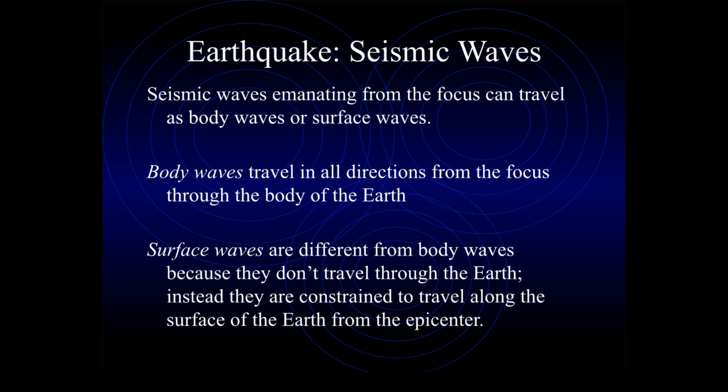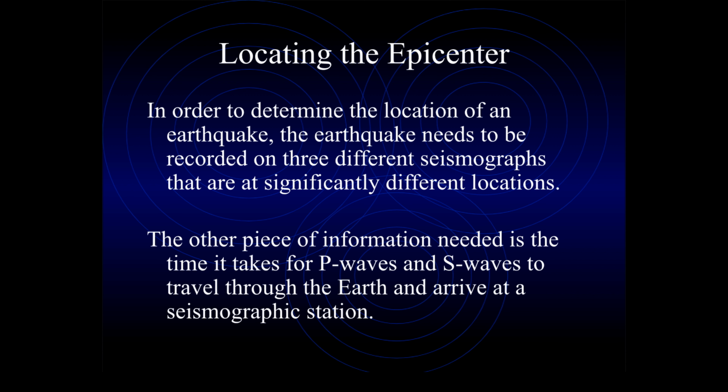Remember, as we're going through these, you can pause the video at any point in time if you need to catch up on a slide before you move on. In order to locate the epicenter of an earthquake, you're going to have to get a little bit of data. We use what's called a seismograph in order to gather the data from all of those seismic waves. So we're measuring the waves.